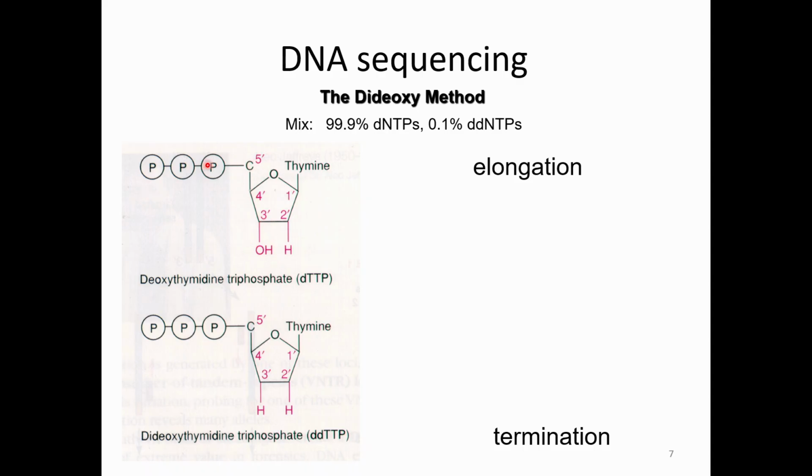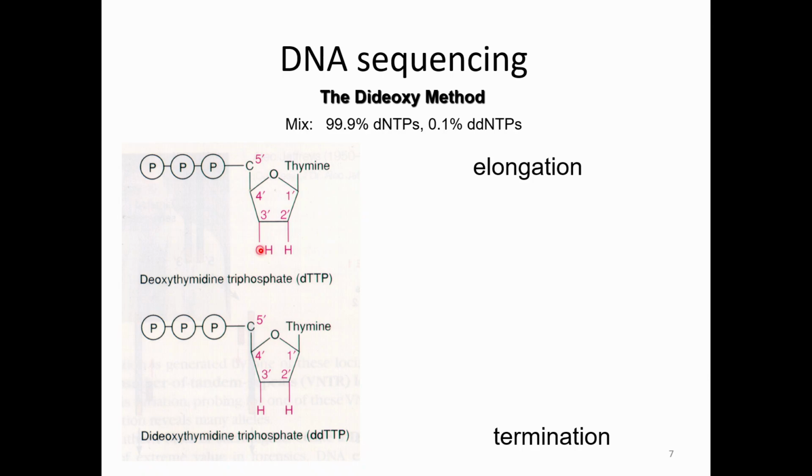So the 5' triphosphate group is essential for polymerization, and so is the 3' hydroxyl group. And so this nucleotide here can be incorporated into DNA using base pairing rules, and then you can add the next one because it has a 3' hydroxyl.